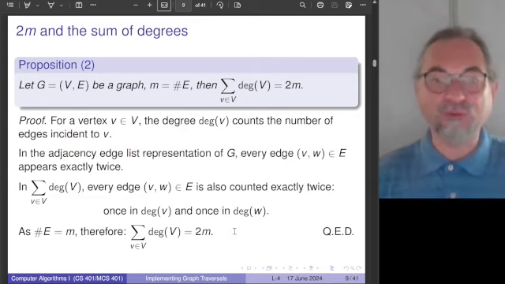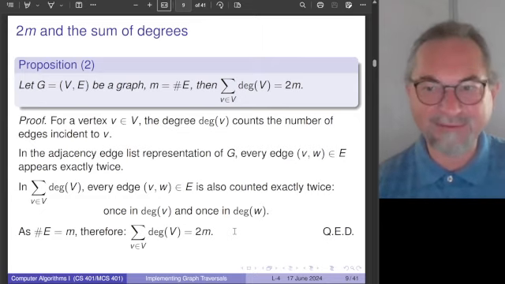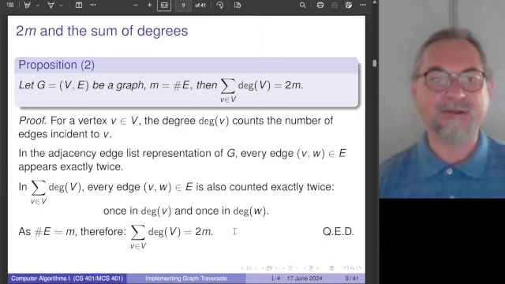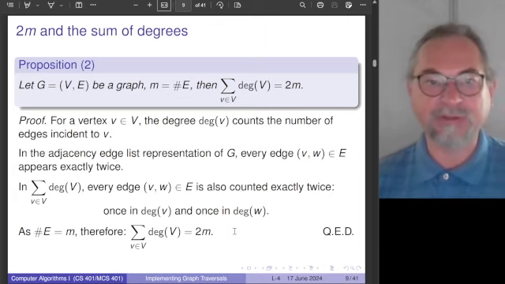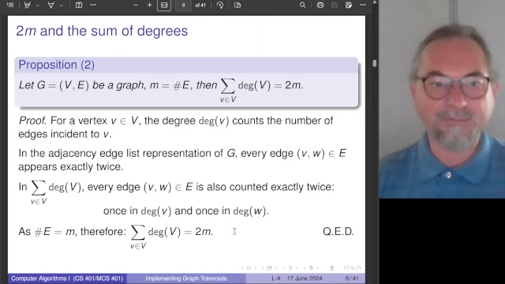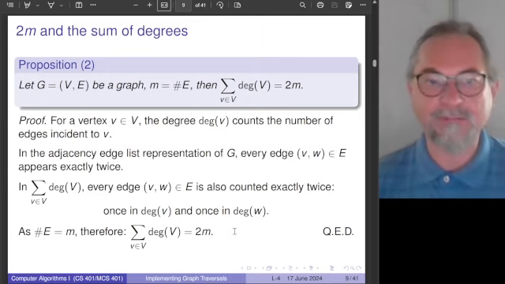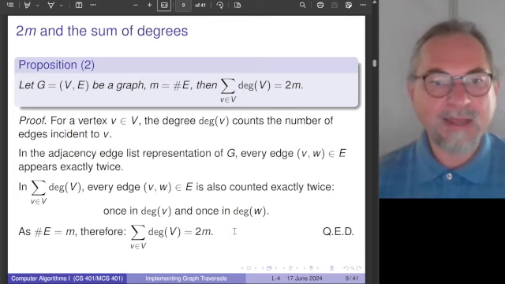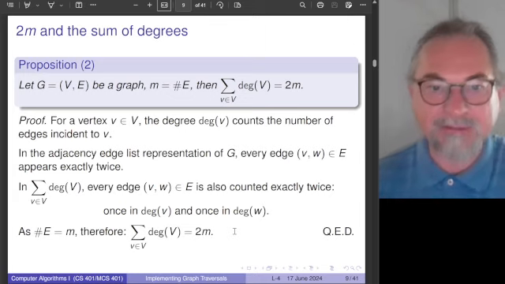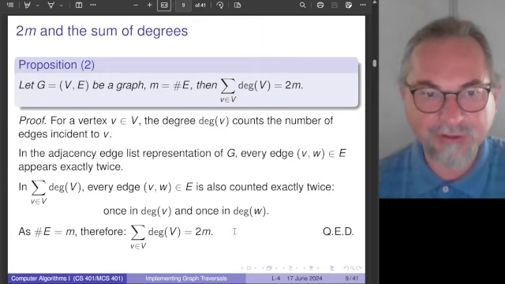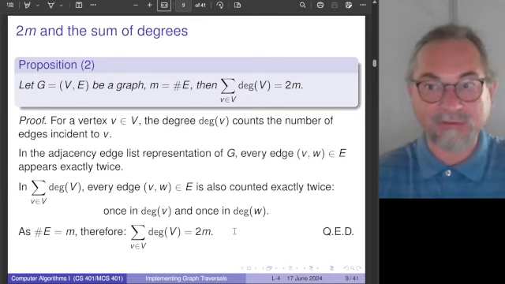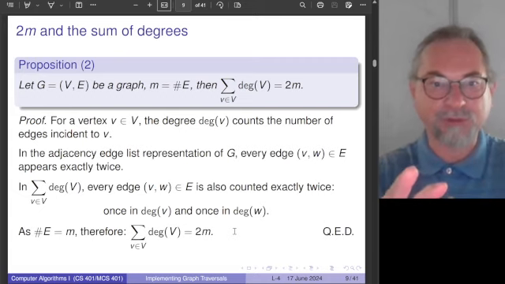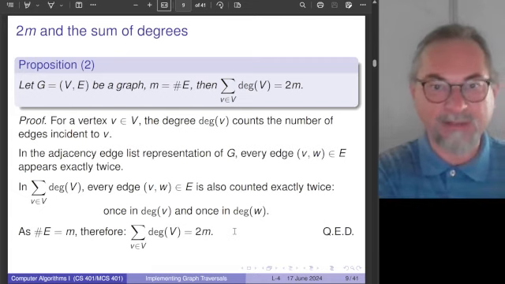And you can ask, why do you say this now again? It appeared in the analysis of the adjacency list representation. And indeed, I start out by spelling out the definition of the degree of a vertex. The degree of the vertex v counts the number of edges incident to v. And then we make the same observation that we have made before. Within the context of this lecture, we don't spell it out very clearly anymore. If this were self-contained, if I had started with this proposition, I wouldn't have copied what I had in the proof of the previous slide.